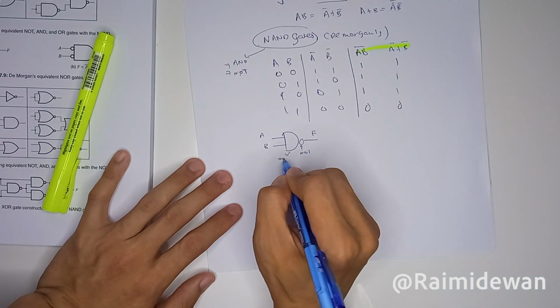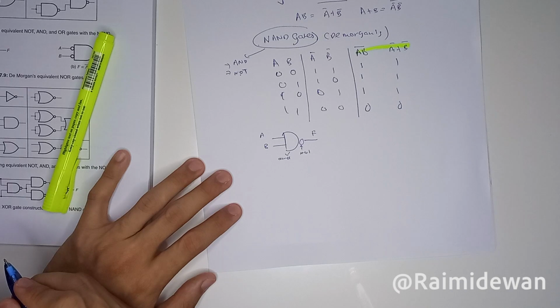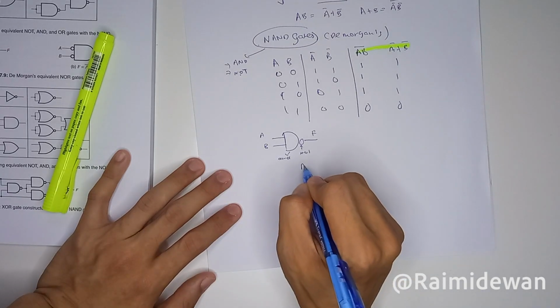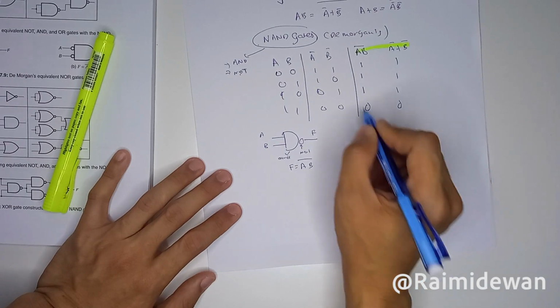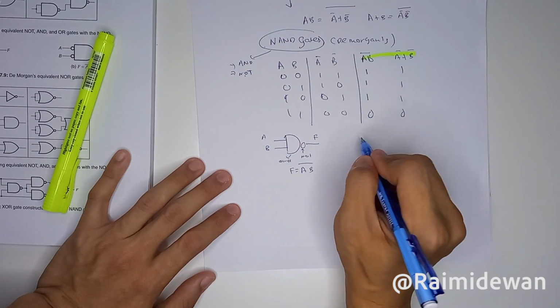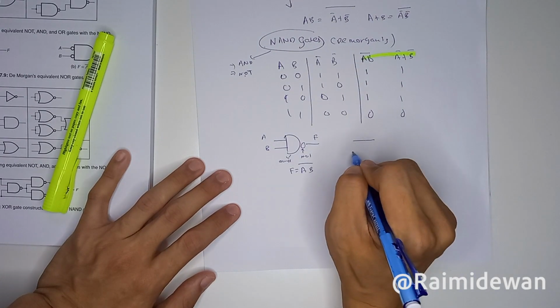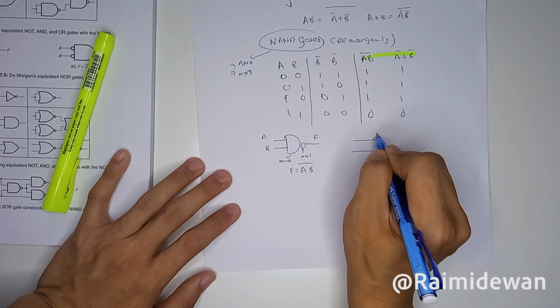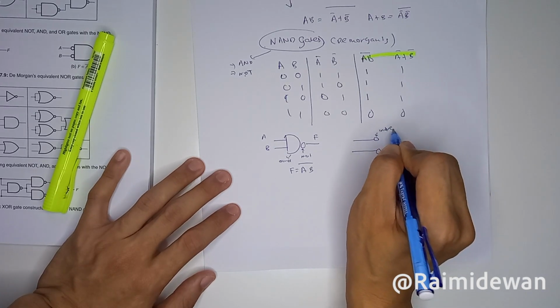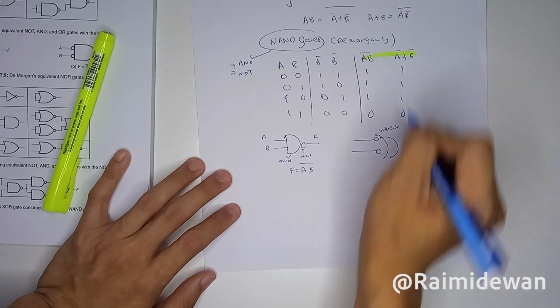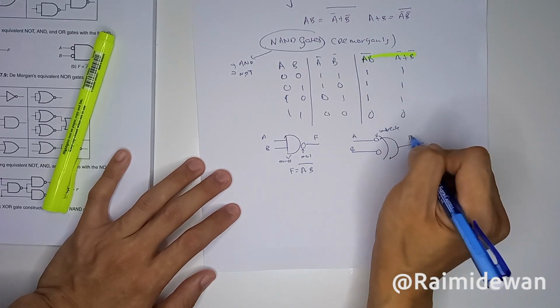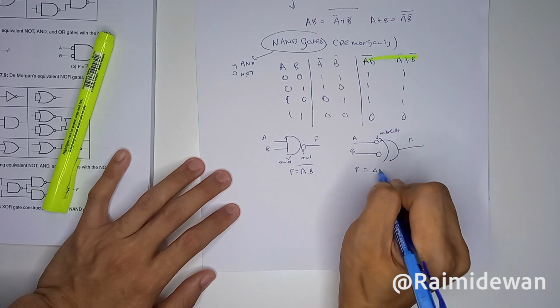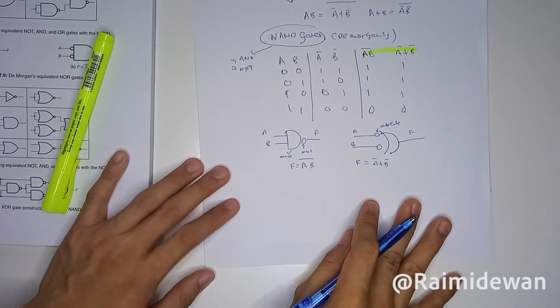This is actually your AND. So this one is (AB) bar, and this one is A bar plus B bar. So you have a bubble. Bubble is inverter, and you have OR.